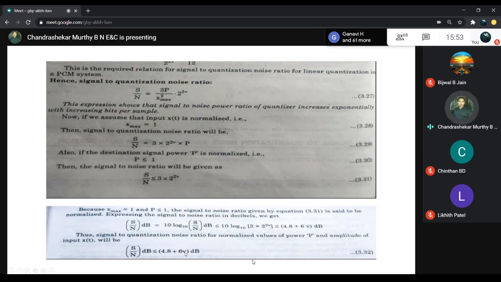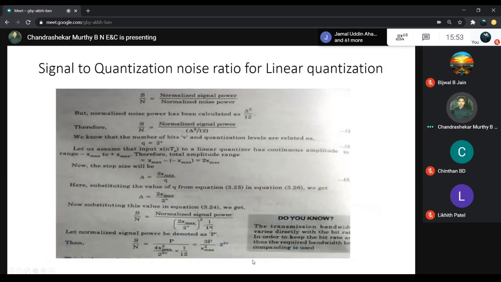So the signal to noise ratio also depends upon v. Here v is the number of binary bits, and Q is equal to 2 power v, where Q is the number of quantization levels required.